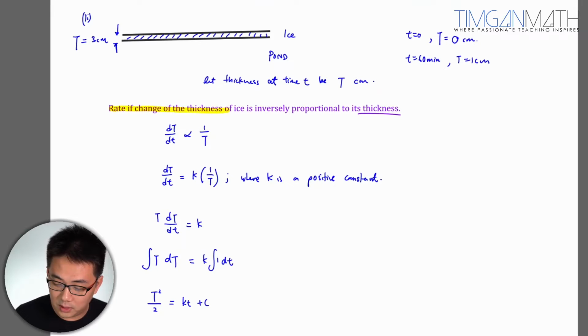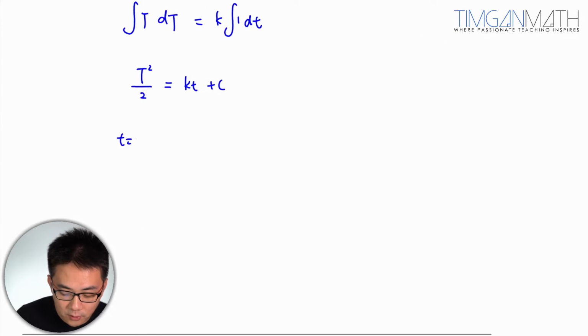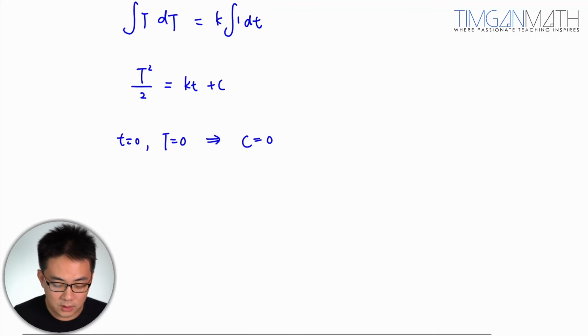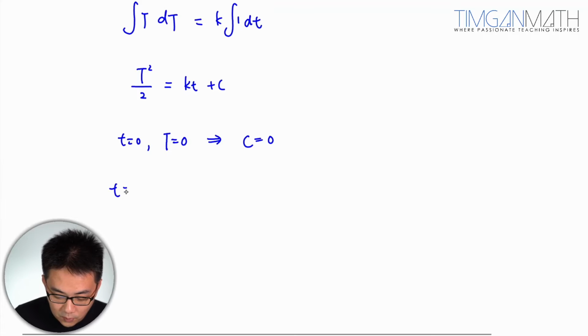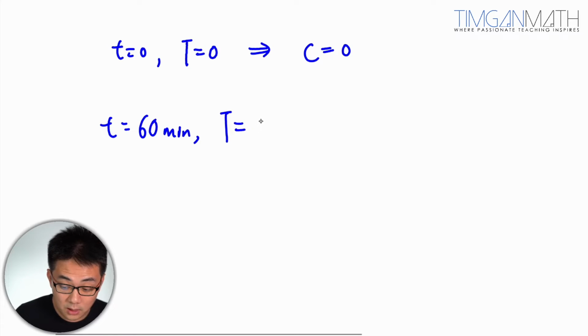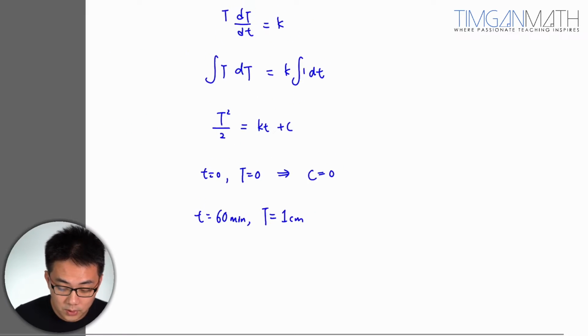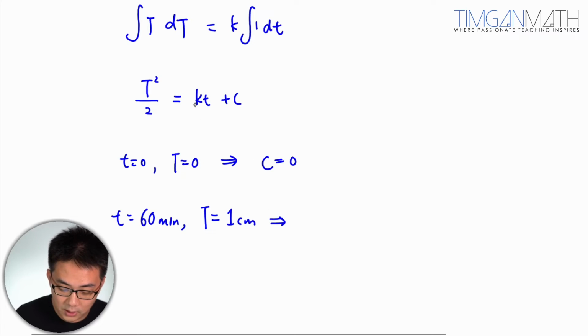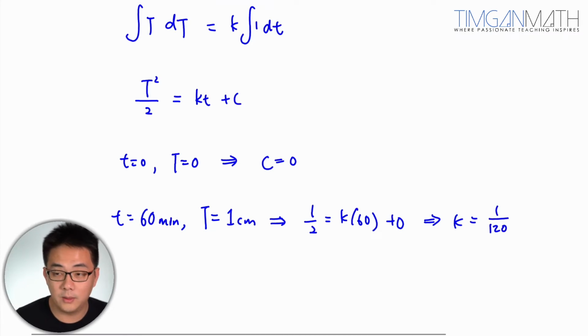When small t equals 0, capital T is 0, so c is 0. When t is 60 minutes, T is 1 cm, so we can find k: 1 over 2 equals k times 60 plus 0. So k is 1 over 120.